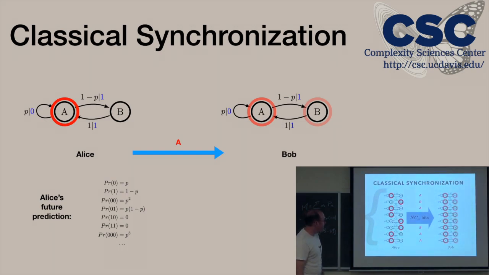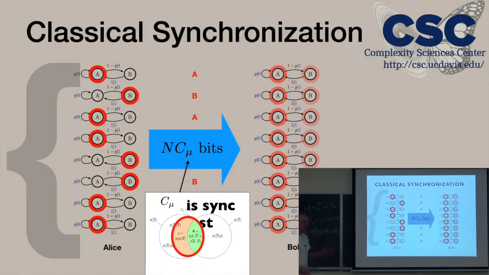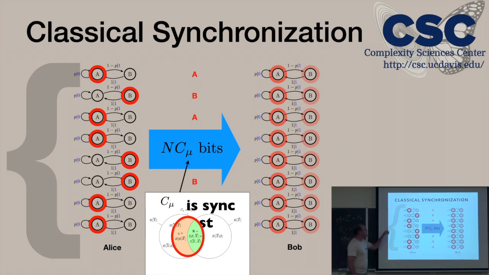Okay. Now we want to imagine doing this many times in parallel. So Alice has a whole bunch of these things, or maybe many people have a whole bunch of these things. And the distribution of these is the stationary distribution over states. And I want to keep track of which one is which. I don't want to know that there's just a certain amount of A's and a certain amount of B's. I want to actually know that the first one's A, the second one's B. Okay.